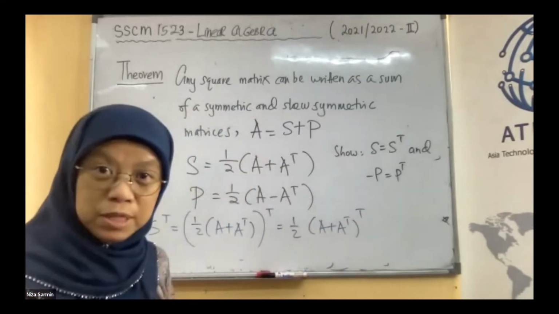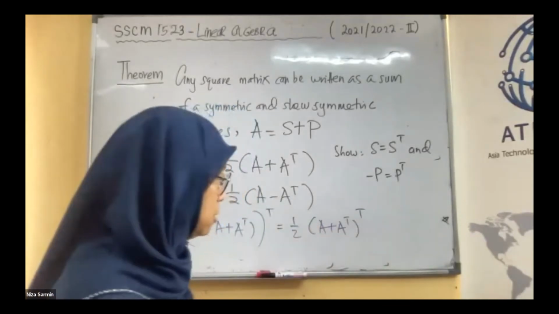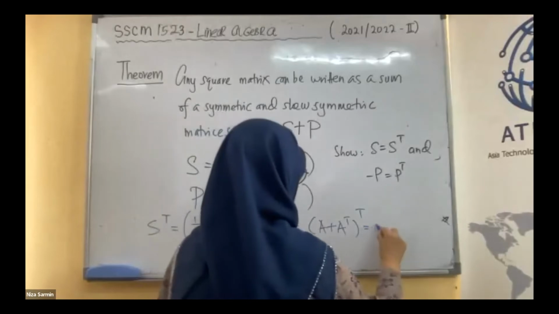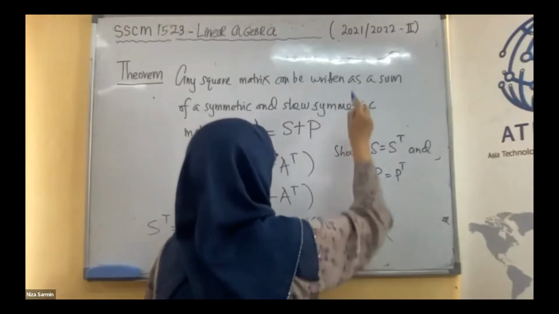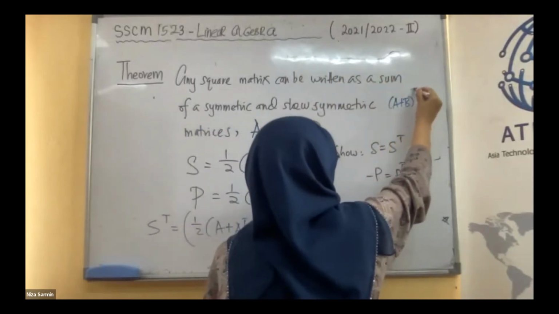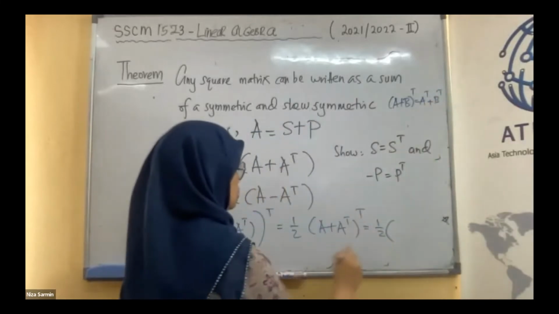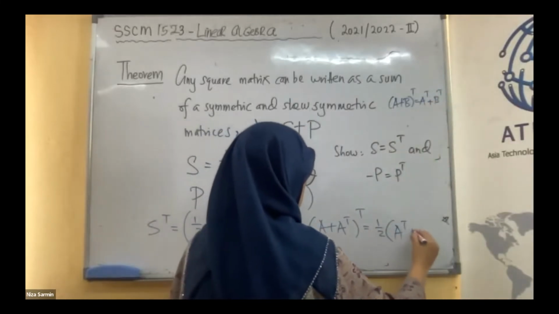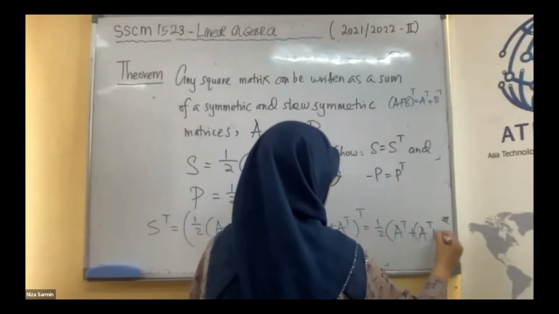You remember the property of the transpose just now? When you transpose back, right? So this is half. The plus this one, this property. Right? So you just put A transpose plus A transpose again transpose, right?